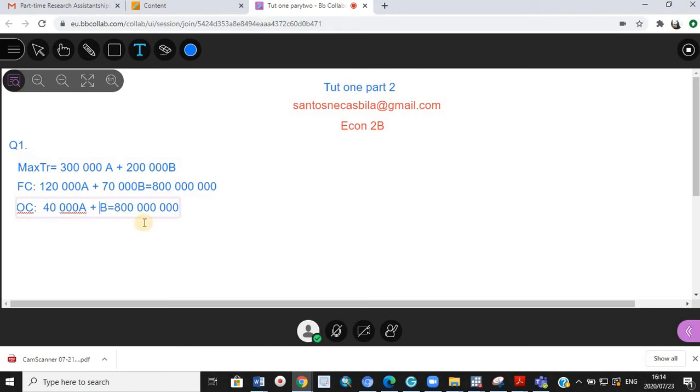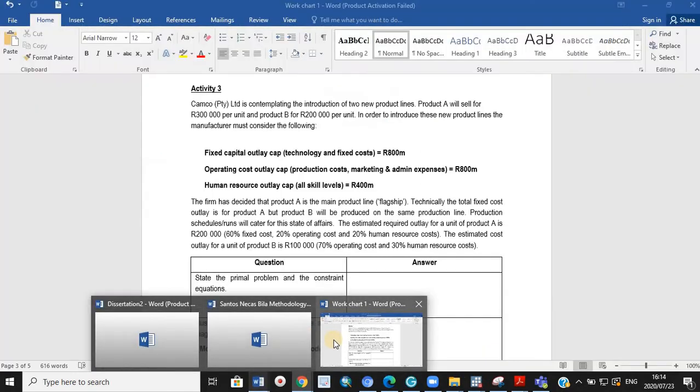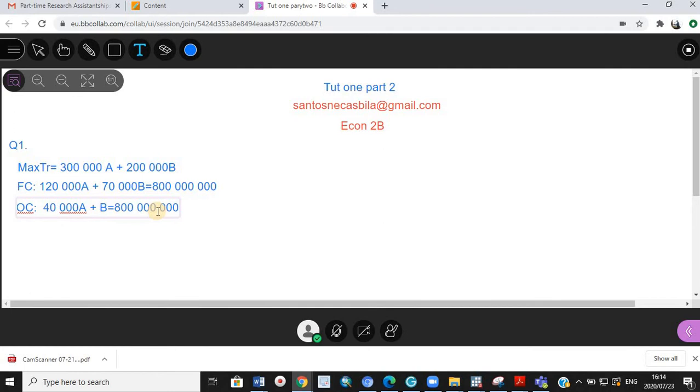And here, it says for product B, we have 20% for fixed capital, but then we don't have operating cost for product B. So this is going to be 0.